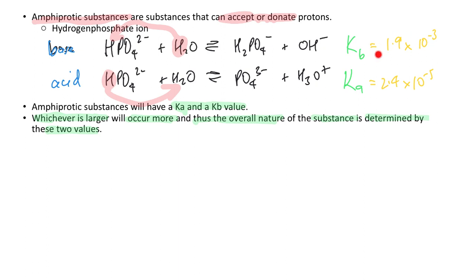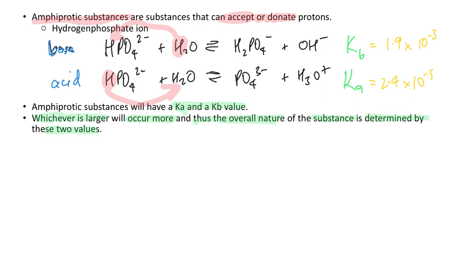Okay, this one is larger. So this one occurs more, producing more of these than these, right? So if more of these occur than those, overall there's going to be more of these, and therefore it's going to be basic, right? So the idea is that the relative amounts of these two values determine the overall nature of this particular amphiprotic substance, okay? And so here, this is a basic substance, okay?